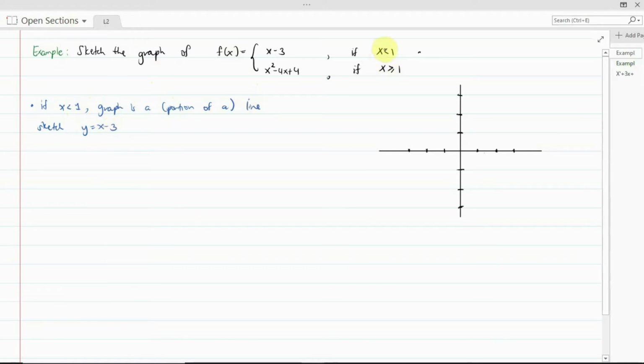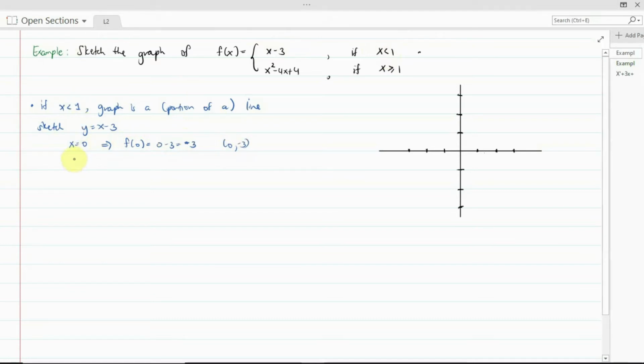Paano natin hahanapin yon? Sabi, it is x minus 3 if x is less than 1. So, kuha tayo ng x less than 1. Ano yung pinakasimple? 0. So, when x is 0, ano yung f of 0? It is 0 minus 3 or negative 3. So, that (0, negative 3) is a point on the graph.